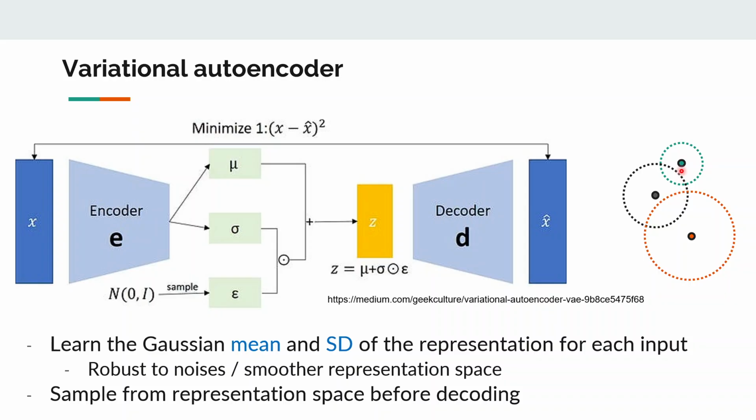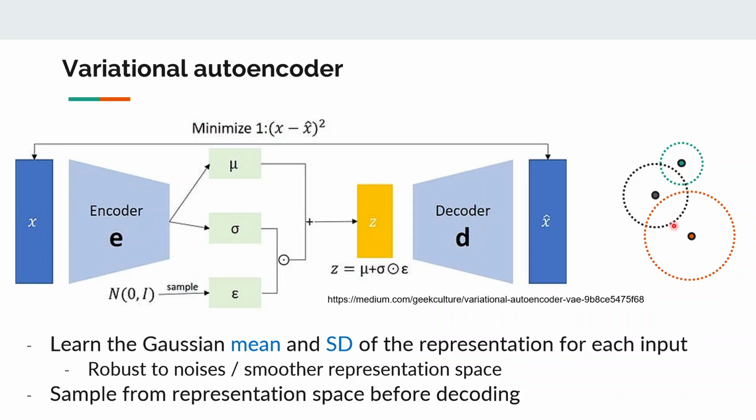So instead of mapping 3 data points to 3 fixed representation vectors, we ask the model to understand each data point as a probability distribution that centers around the embedding but has some radius, some variance.